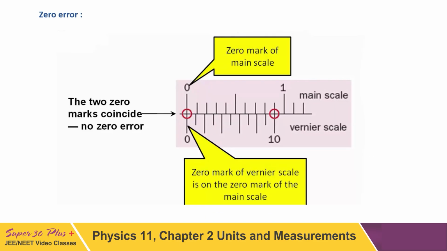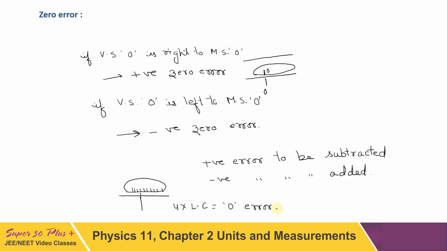Now I am revising the whole thing. First we have to check whether zero error is present or not. For this you have to see, when the jaws are firmly closed, whether 0 of the vernier scale is coinciding with main scale 0 or not. If it is coinciding, there is no zero error. If it is not coinciding, then we have to check whether 0 of the vernier scale is lying right to or left to main scale 0. If it is right to main scale 0, then it is said to be positive zero error.